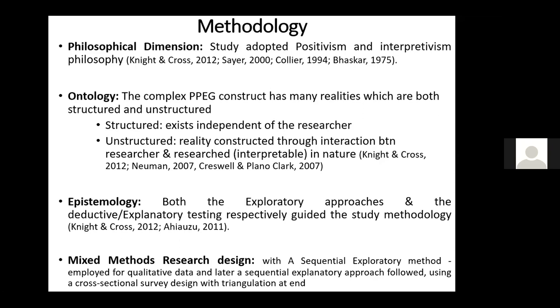And we are using a mixed methods study, starting with the qualitative data collection and followed by the quantitative data collection, because we wanted to really go out and first understand what is this procurement performance expectation gap.